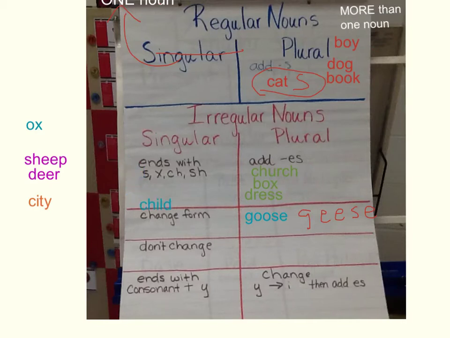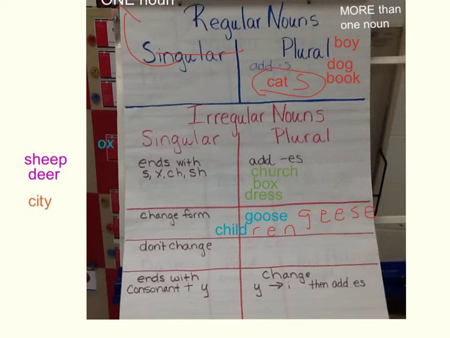Another one that changes quite a bit is child. Child changes to children. It's hard to see with this pen too. Another one that changes its form and also doesn't follow the rules very well is ox.